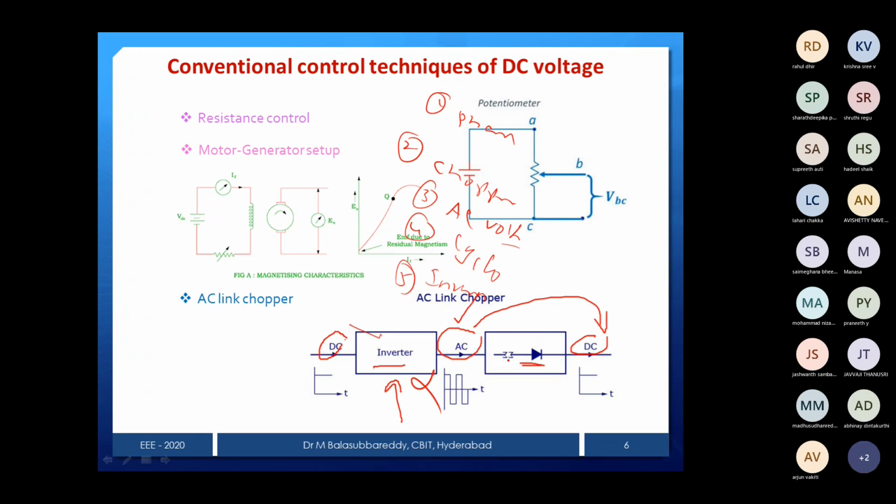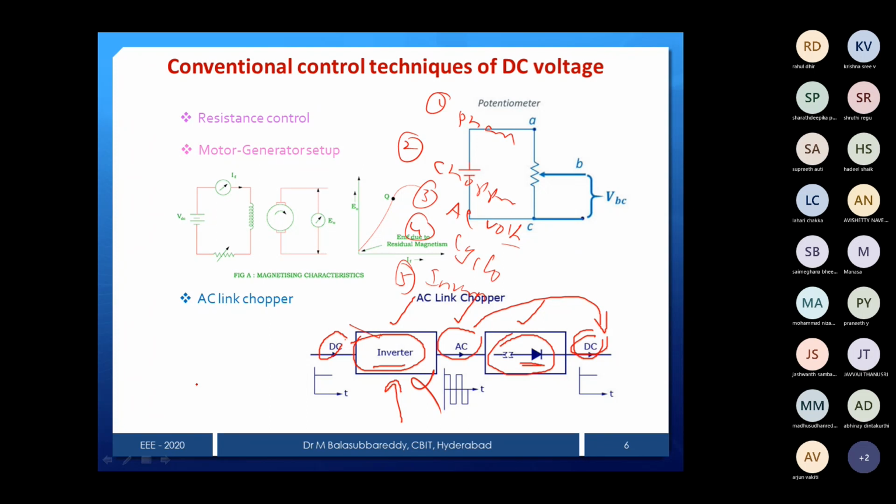And if the diode rectifier input varies, the output automatically varies proportionally. That is the reason we see output variation with variation of the firing angle, so you will get the variable DC. But the problem is that we are using one inverter and another, a diode rectifier. So there are two controllers we are using to get a variable DC.